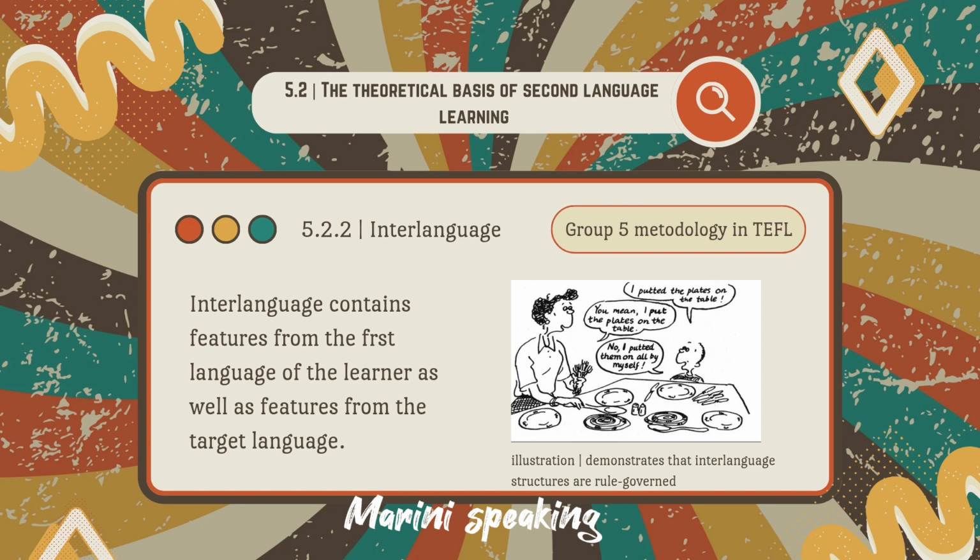Moreover, the illustration demonstrates that interlanguage structures are rule governed, like overgeneralization. Overgeneralization refers to the phenomenon that language learners who have acquired or created grammar rules apply them to all contexts, even where there are exceptions to that rule.